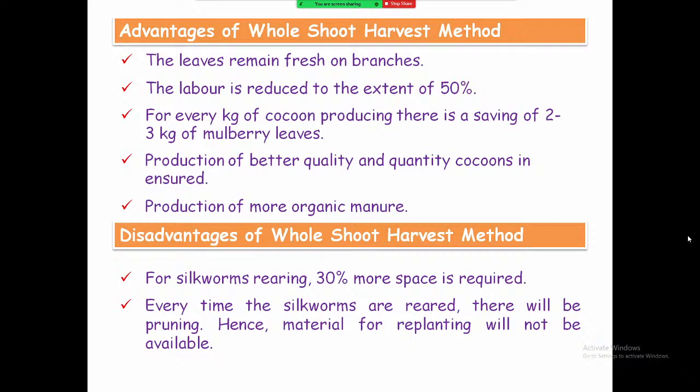See, every time silkworms are reared, there will be pruning, so the planting material will not be available. Okay, when you are going for planting of this mulberry, because of the shoot pruning, you can't get the planting material or the cuttings for planting. So these are the disadvantages of the whole shoot harvest.